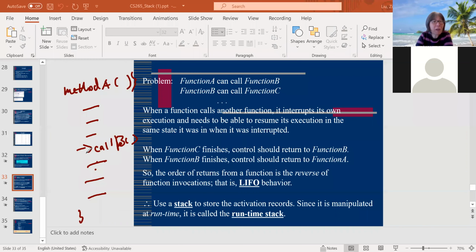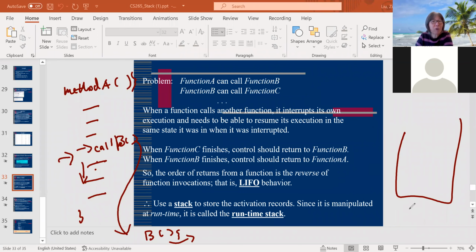When you call B, basically it jumps into B's execution. So when B finishes, how can it know to go back and continue its execution? You need something to remember. That's why we use a stack. We use a stack, and then you can put A and then B.